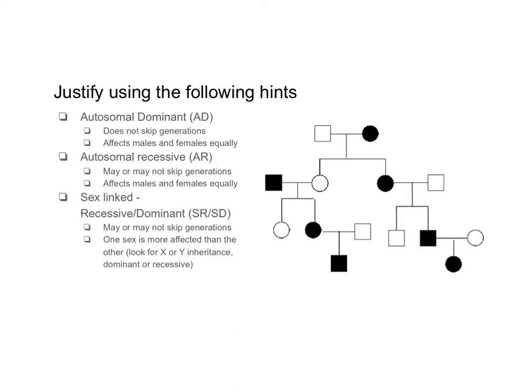So with autosomal dominant, we're going to look at, first of all, noticing that in the P generation, so this right here would be P, F1, F2, and F3. So if you look at this, let's do this in a highlighter. This is the F3 generation. This is the F2 generation.